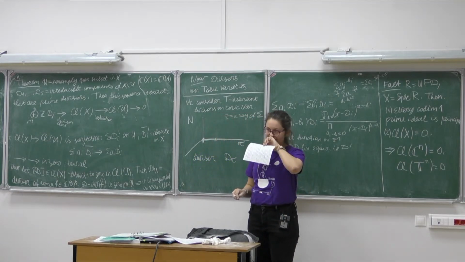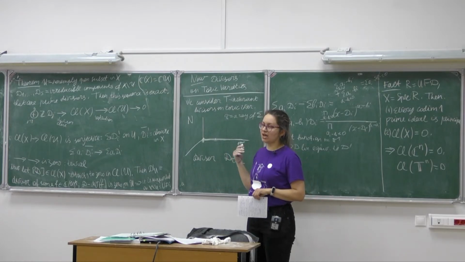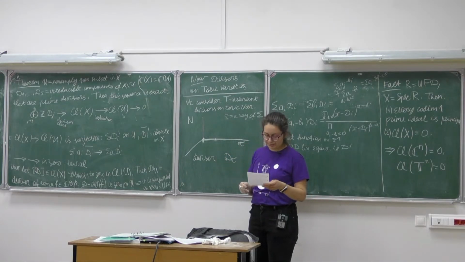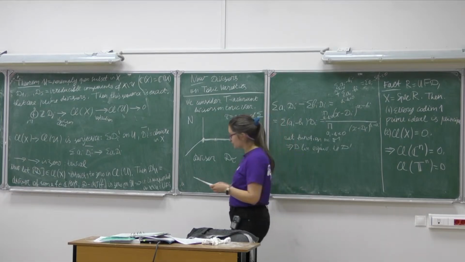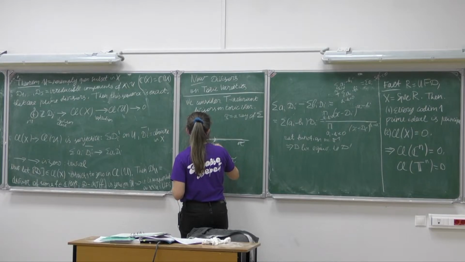So we have as many torus-invariant divisors as we have rays in our fan. And we find a primitive vector here, and we denote it by rho_tau.